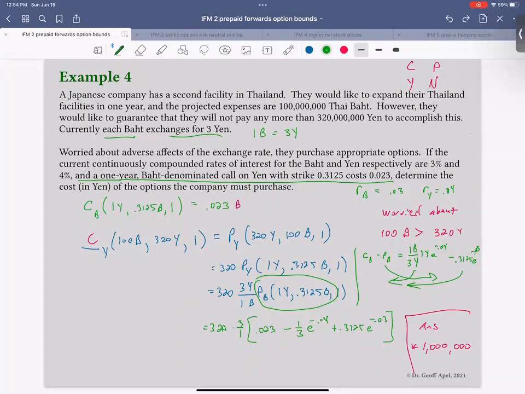So yeah, let's find out what this is here. So 320 times 3 times parentheses 0.023 minus 1/3 e to the negative 0.04 plus 0.3125 e to the negative 0.03. So I got 5.761.